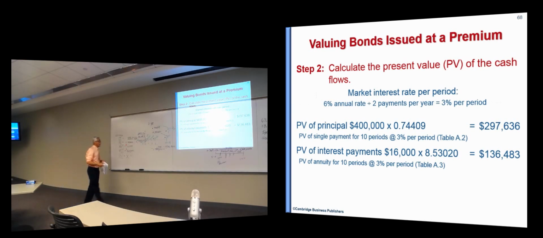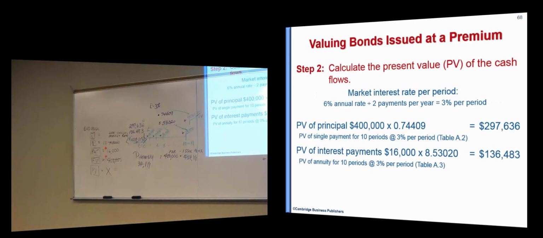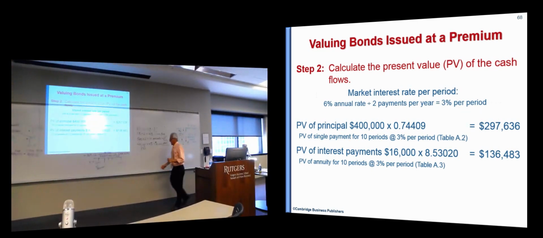And in this case, the premium is 34,119. And the premium is going to lower your interest cost from 8% to 6%.